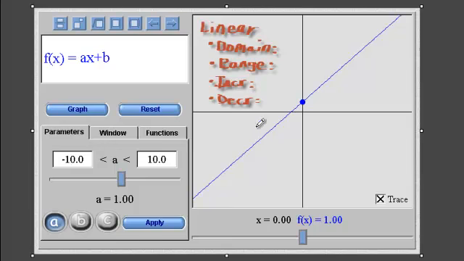If a is positive, it's increasing. So I'll write here that if the slope is positive, then it is increasing.